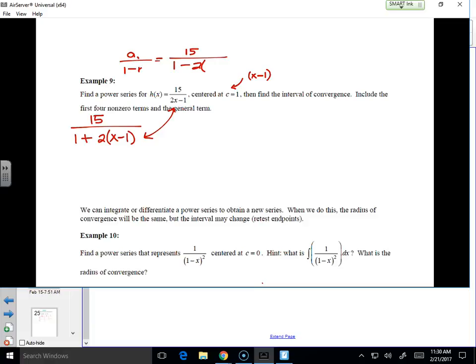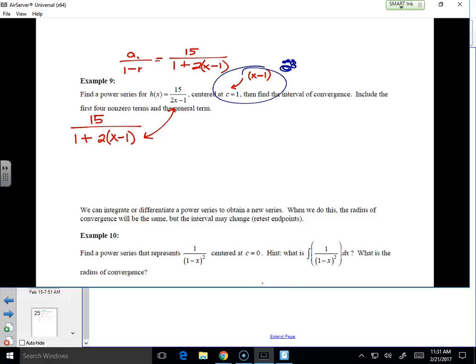But then I'm like, wait, no, it's not 1 minus 2x, it's 1 plus 2x. And then I said, I need the minus 1, and then I said, hey, does this work? So in a sense, when they tell you centered at c equals 1, aren't they telling you a clue? In a sense, that's our clue that we know how to build our series.